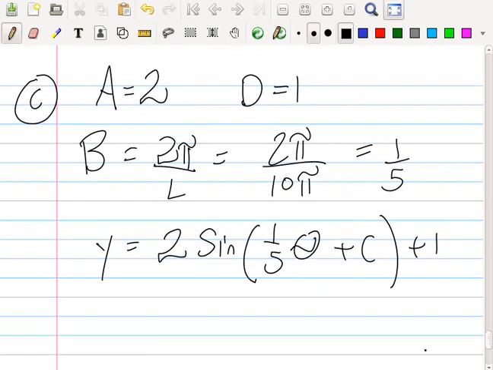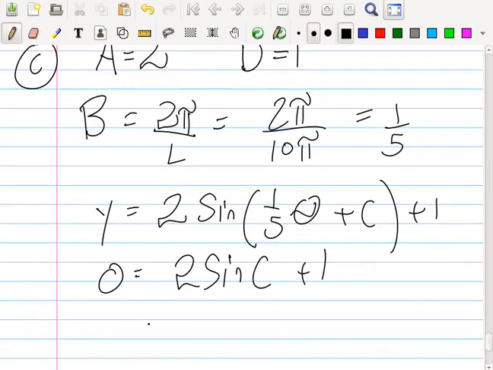So if I use 0, 0, I get 0 equals 2 sine c plus 1. So take the 1 over, minus 1 over 2 equals sine c. So c is sine inverse minus 1 over 2. If I keep it in degrees, which I shouldn't because it's in radians. Yeah, but it's in radians, so minus pi over 6.